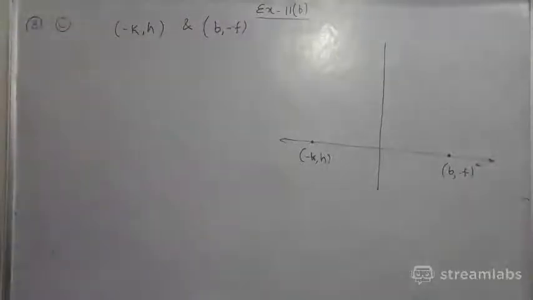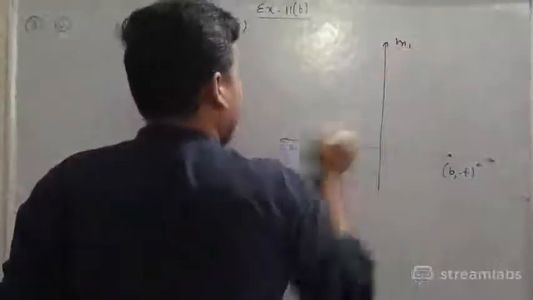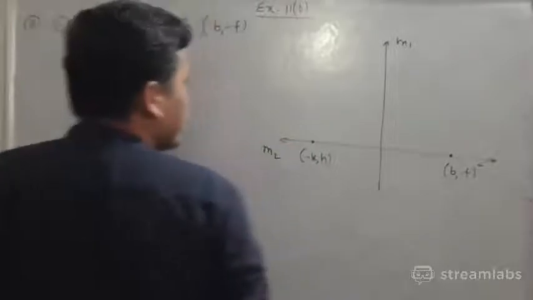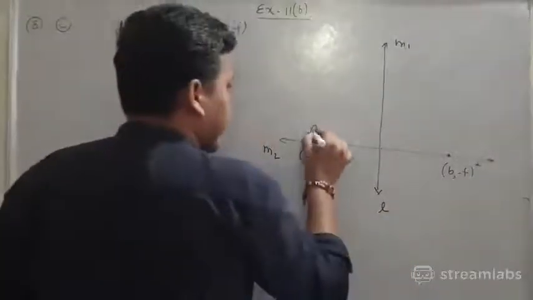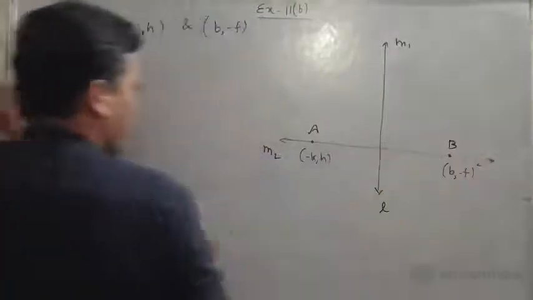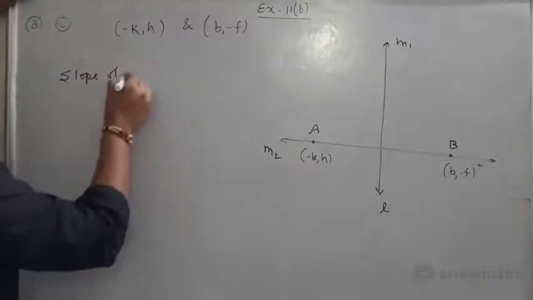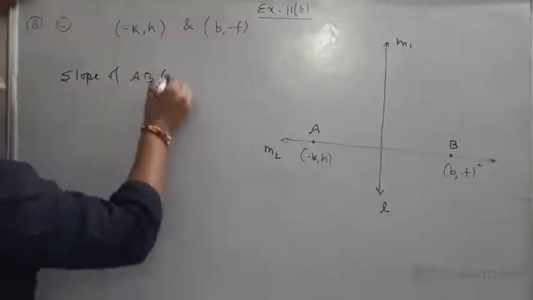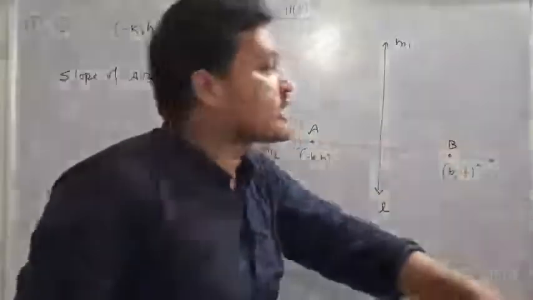Okay, so sir, can we calculate it? Let the slope of this line L be m1 and let the slope of line AB be m2. So can you calculate the slope of AB? First of all, write the statement I wrote in the previous question.